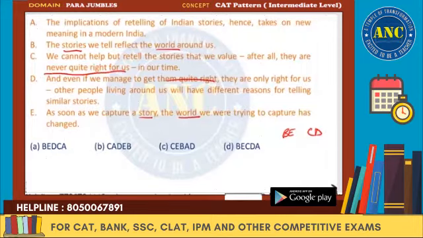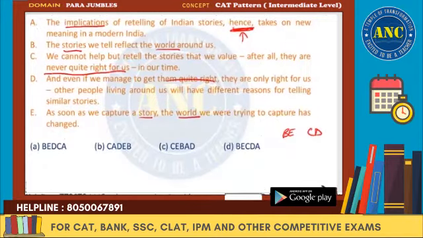What is A saying? The implications of retelling of Indian stories hence takes on new meaning in a modern era. Here he is saying the implications hence. This is a good crucial word that will help you understand what this sentence is. This is a conclusion. Why is this a conclusion?